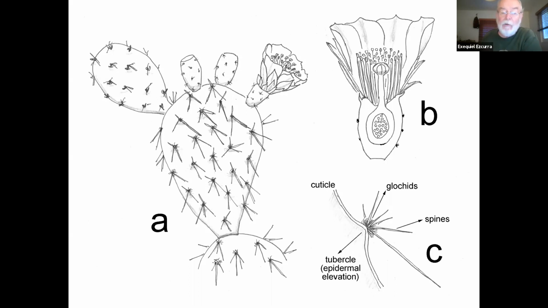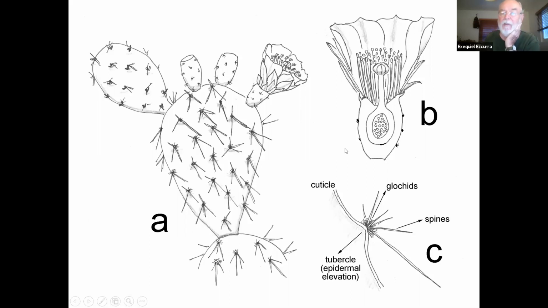And cacti gradually adapted to increased aridization by having more and more reduced leaves and transforming, like in many other desert plants, their leaves first into rigid bracts, and then the bracts into spines, which are really, the spines in cacti are really transformed bracts.